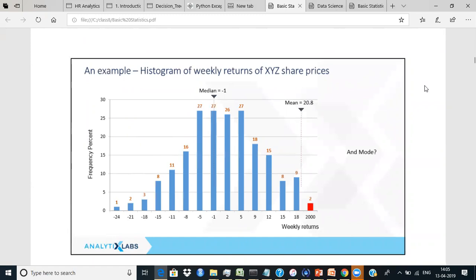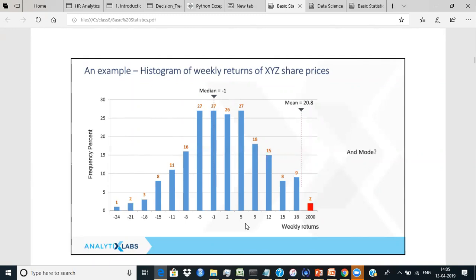Correct. That's what we discussed yesterday. Somebody had asked this question, that what if there were multiple values that had the highest frequency? There are 2 ways to go about it. One way, which people often do, is take their average as the mode, so it will come out somewhere in the middle. The second way is to say that we do not have one single mode, but rather multiple modes.